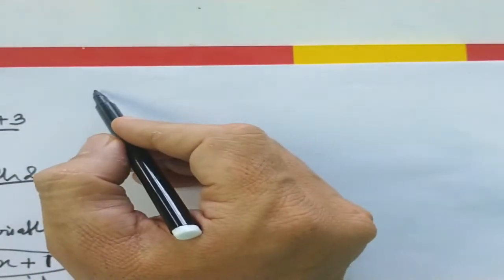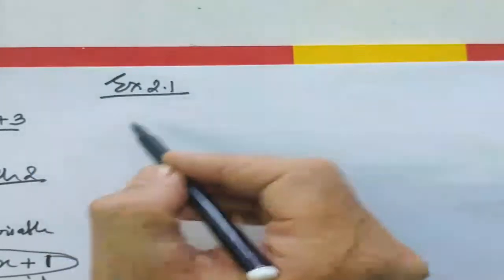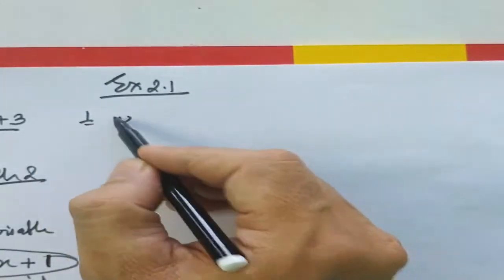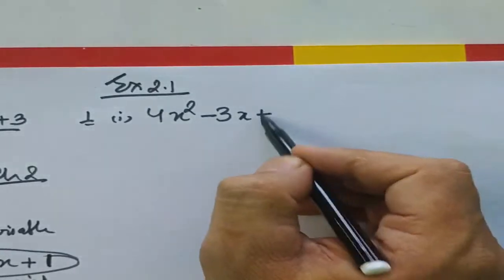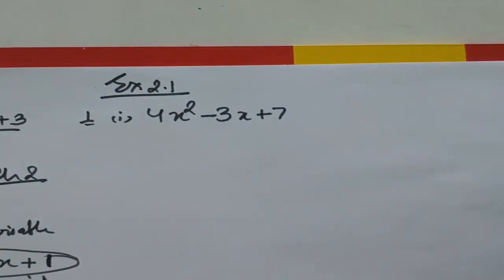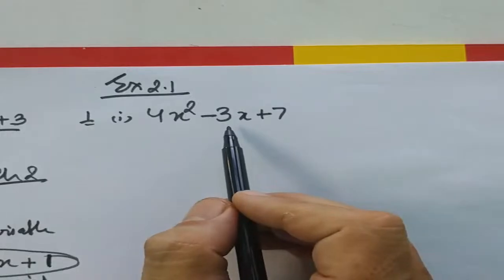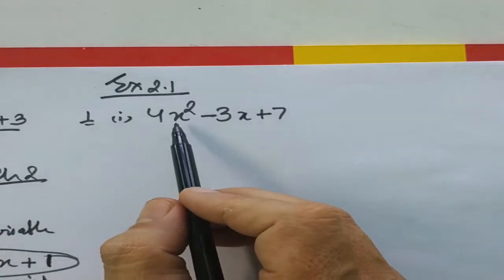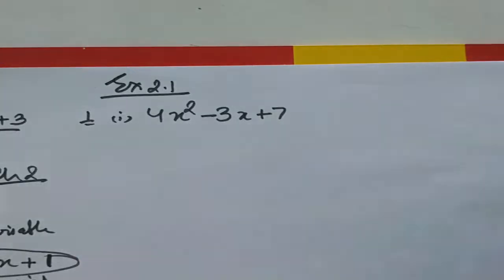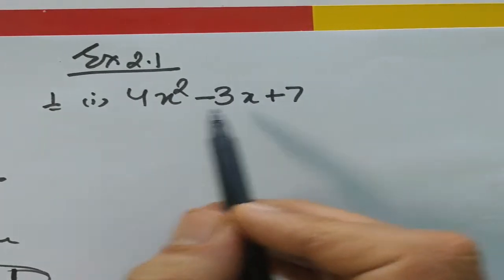So in 2.1, the first one is written 4x square minus 3x plus 7. So this is a polynomial, and it is a polynomial in which there is only x, there is no other variable.